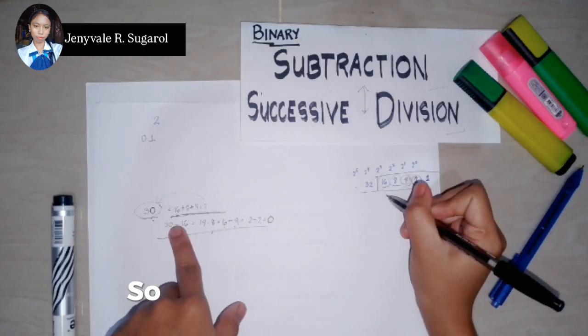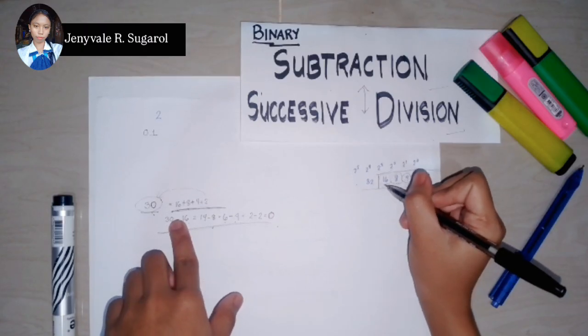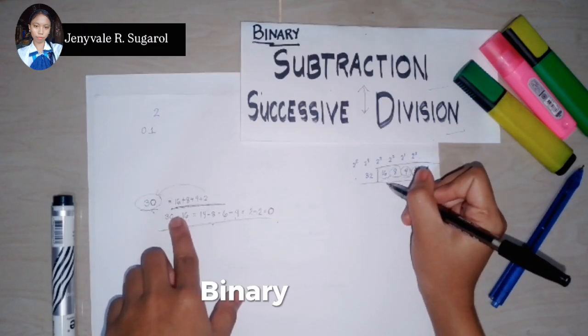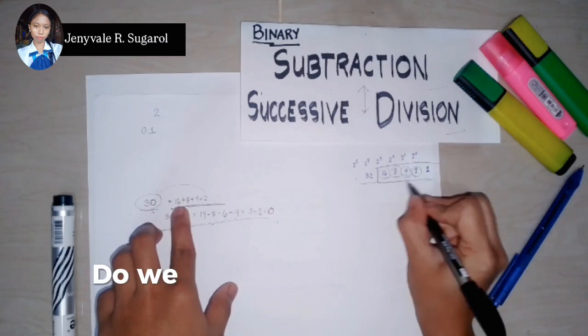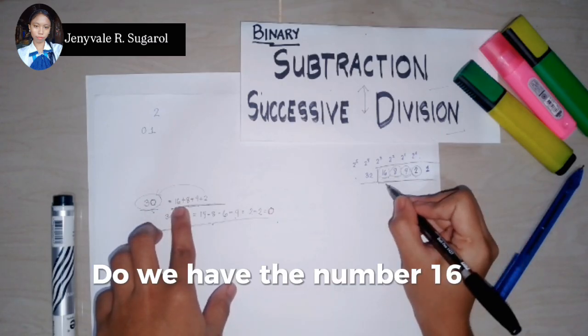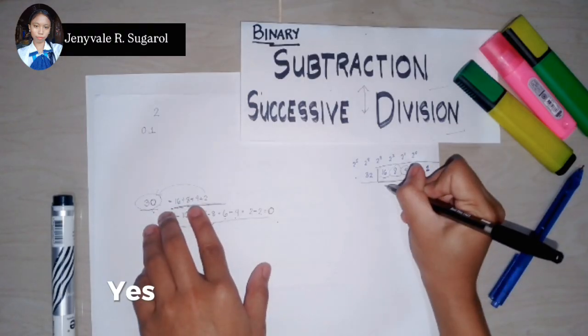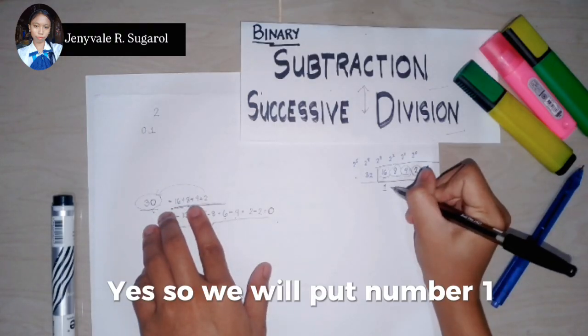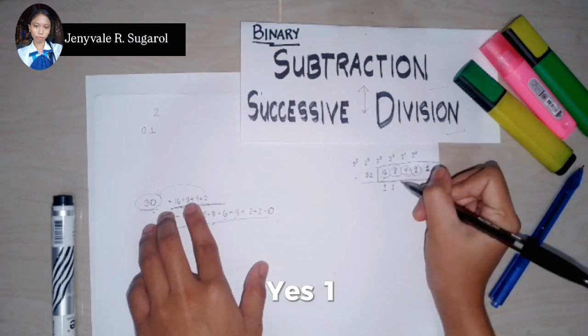So, how do we turn this into a binary number? Do we have the number 16 on what we have added? Yes. So we will put number 1. Number 8, yes, 1.